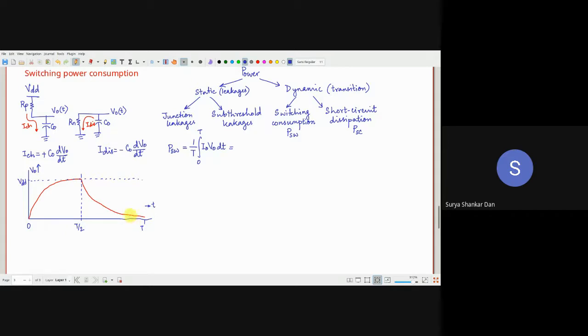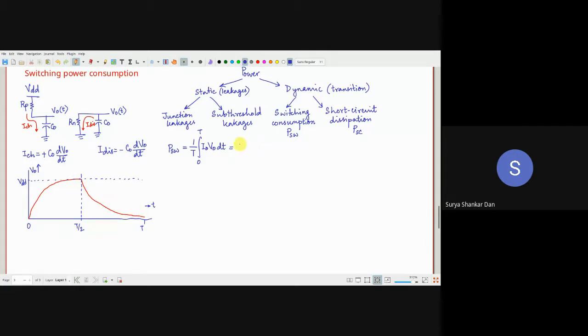Okay, now notice that the transitions will happen between 0 to capital T by 2. That means it is essentially rise time analysis, so it is going from low to high logic. And from T by 2, for the remaining half of the time period, it is falling down.